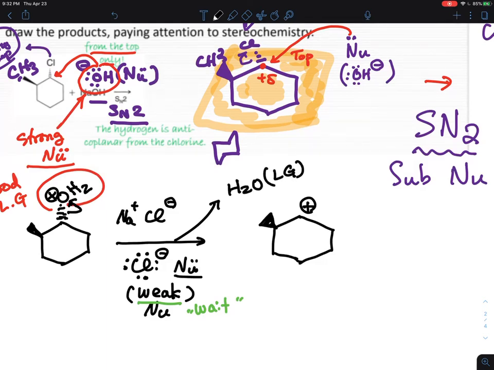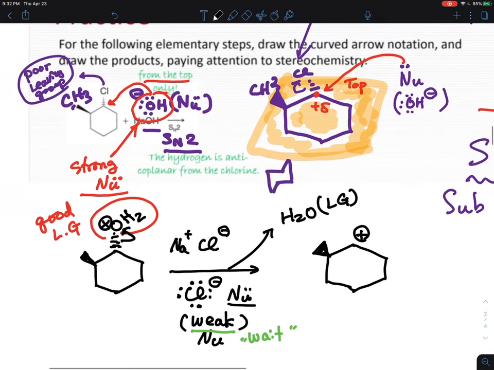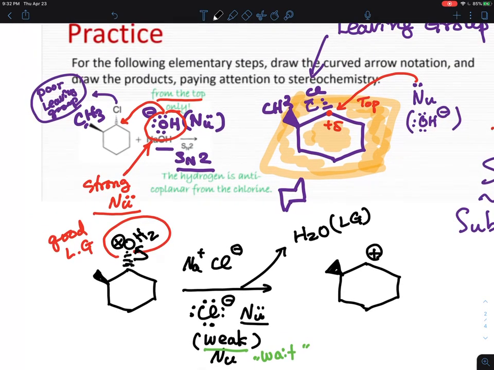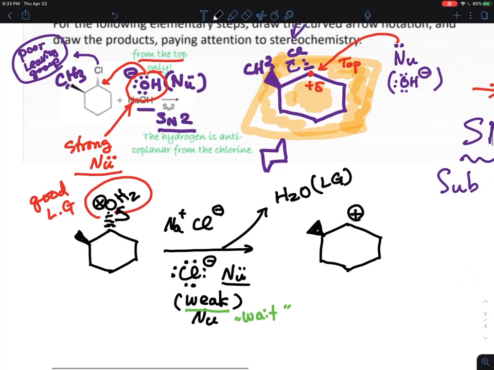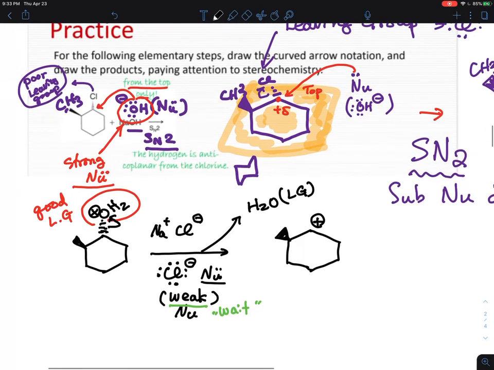Water just leaves by itself. This is the main contrast. At the top, OH minus is a strong nucleophile, so it attacks, forcing this one to leave. Here you have a very weak nucleophile that waits, but what is attached here is itching to leave. So why don't I just leave first? This is the first unimolecular dissociation, and that's a slow step. This is the rate determining step, but that's what happens first.